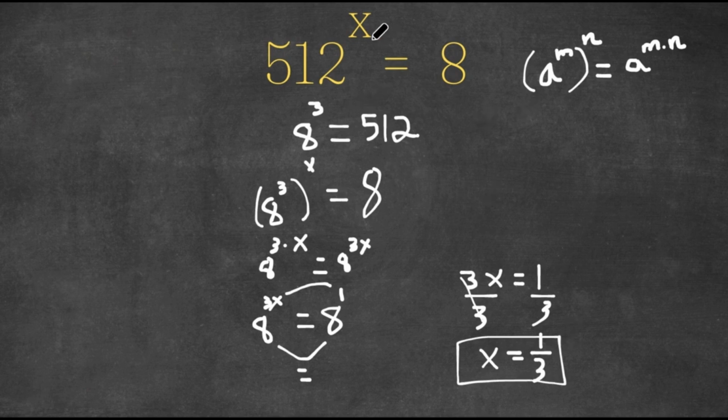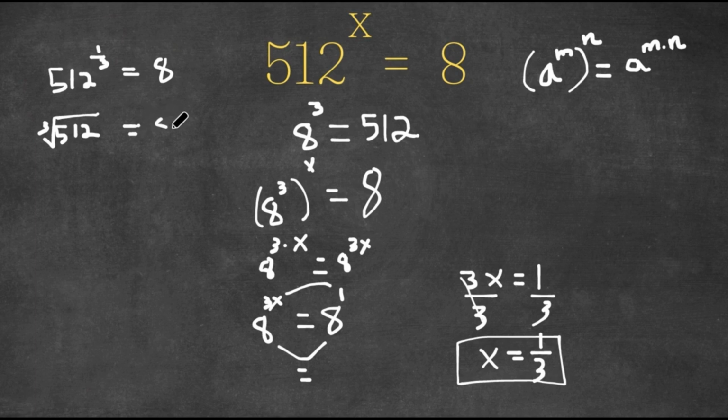Now, if we plug it in to our equation here, we have 512 to the power of 1 over 3 equals 8. Well, 512 to the power of 1 over 3 is the same thing as the cube root of 512 equals 8.